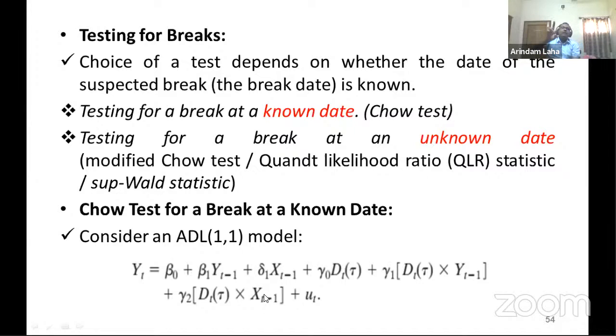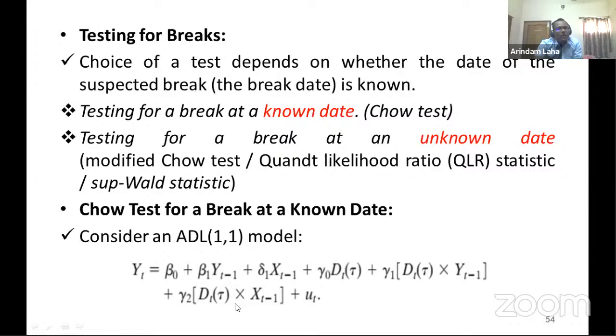If you have an ADL with two lags, then you have y t minus 1 and y t minus 2, and similarly you have two interaction terms: D into y t minus 1 plus D into y t minus 2. So it depends on your choice of the variables. The number of interaction terms depends on your number of explanatory variables. Here we have two explanatory variables, so we have included two interaction terms.